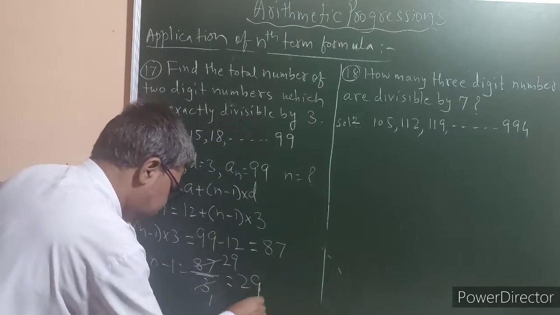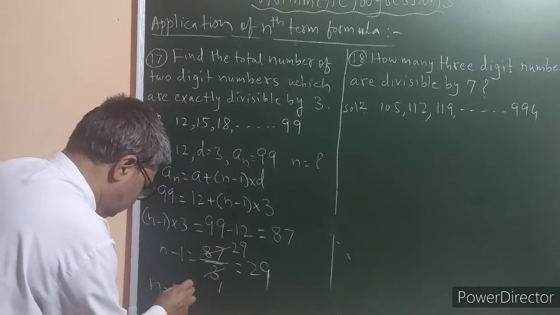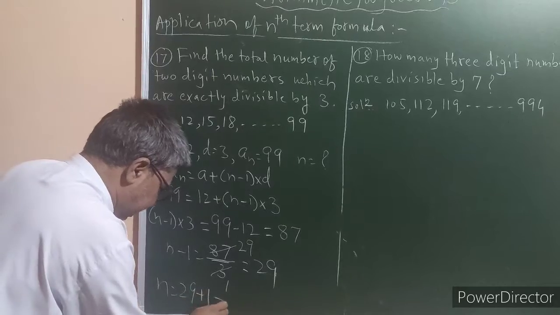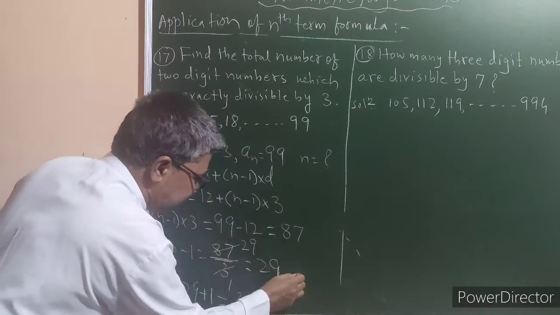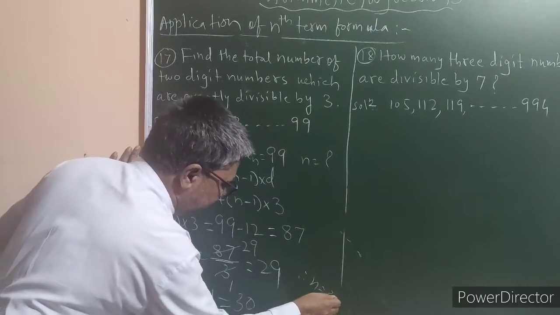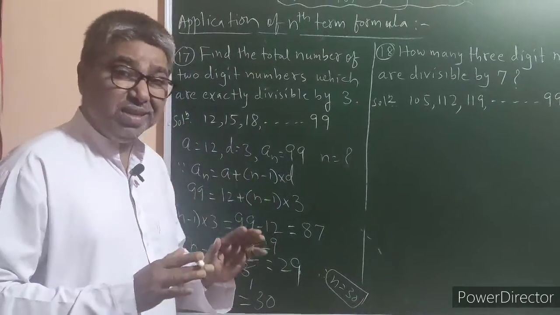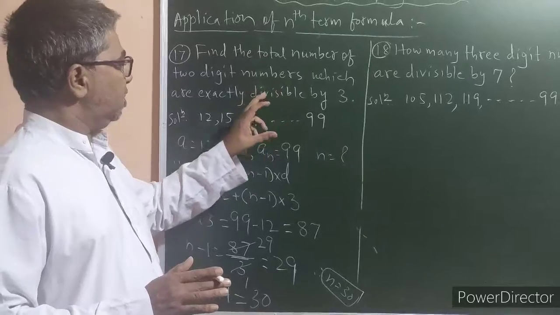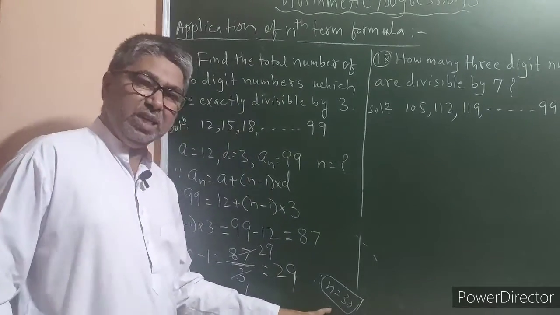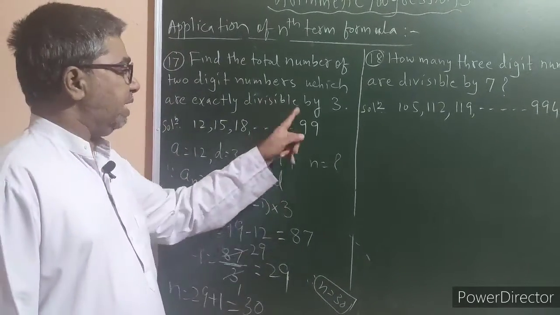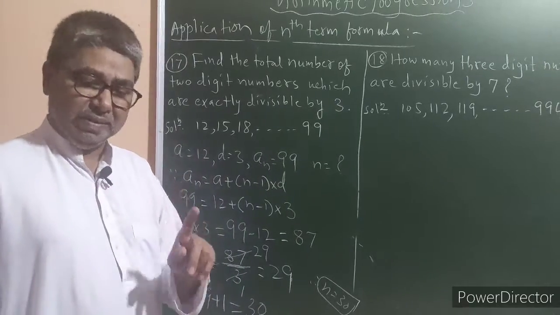Therefore n is equal to 29 plus 1, which is 30. So the value of n in this example is 30, which means there are a total of 30 two-digit numbers which are exactly divisible by 3.